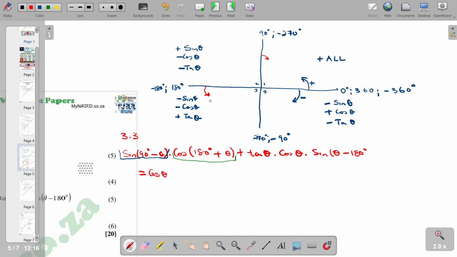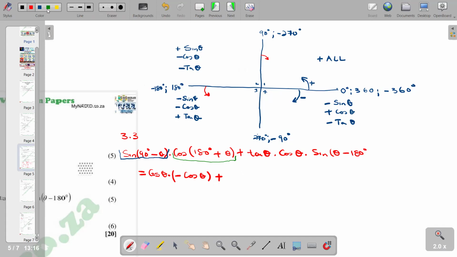In the third quadrant, what is the sign of cos? We see it's negative. Will it change? No, because we have 180. So this ratio is going to change to negative cos theta. Where there is tan, we change the ratio to its quotient equivalence.